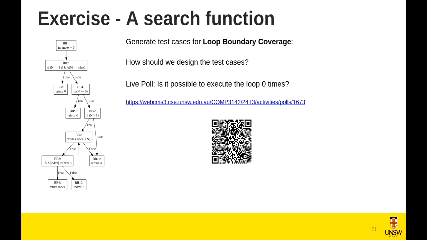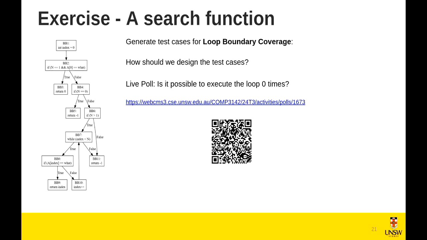let's have a closer look at the program. In the first basic block, we have index equal to 0. And in basic block 7, we check whether this index is smaller than n or not. In order to reach this while loop, we have to satisfy the condition that n is larger than 1.